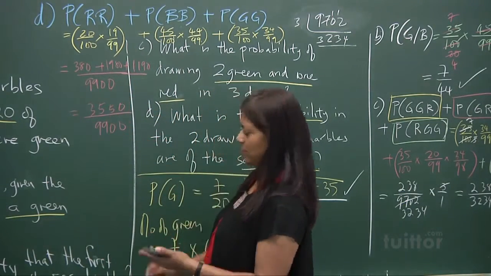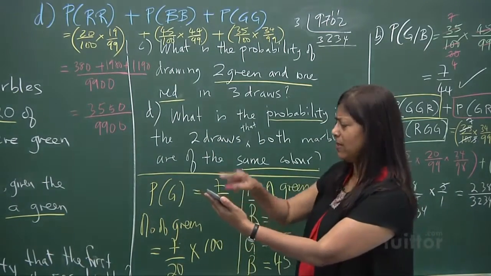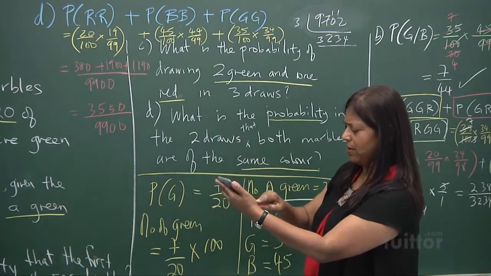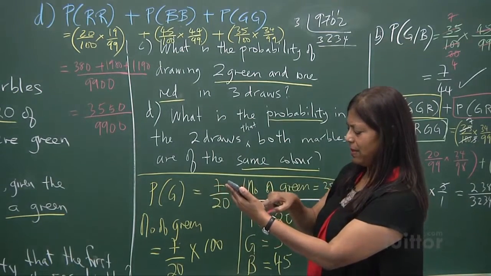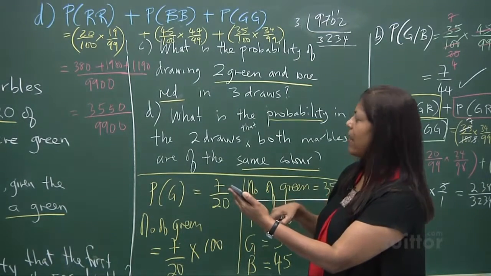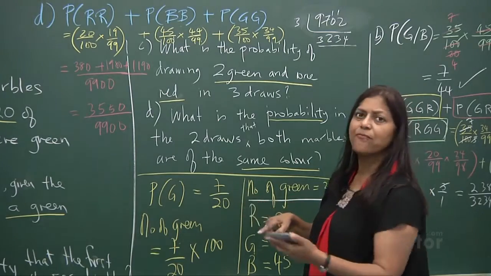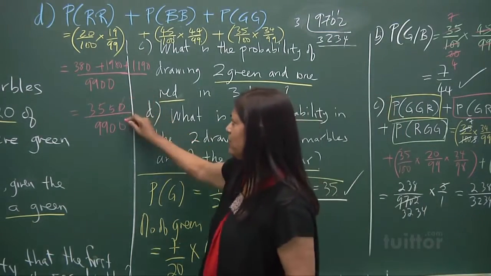So this is what you get. Sometimes you want to get assured, then you counter check with your calculator. 1190 plus 1980 plus 380, and you get 3550. Alright? And then reduce it.